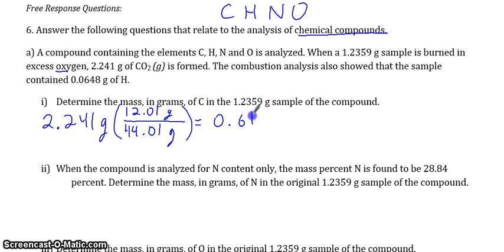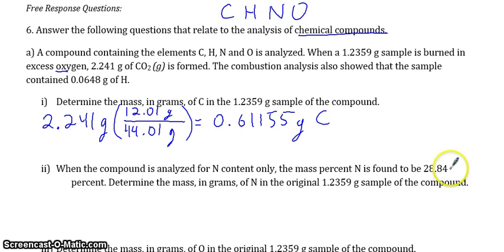Part B says when the compound is analyzed for N content only, the mass percent of N is found to be 28.84%. Determine the mass of nitrogen in grams in the original compound. So we're told that 28.84% of this amount is nitrogen. Let's just apply 28.84% to this. We'll have to undo the percent and move the decimal place twice to the left.